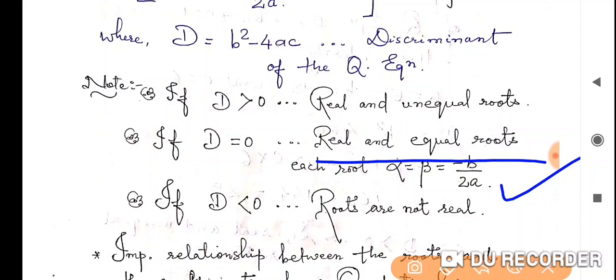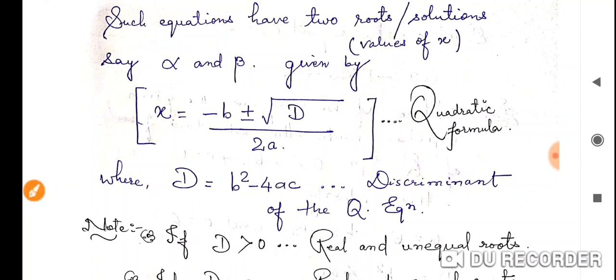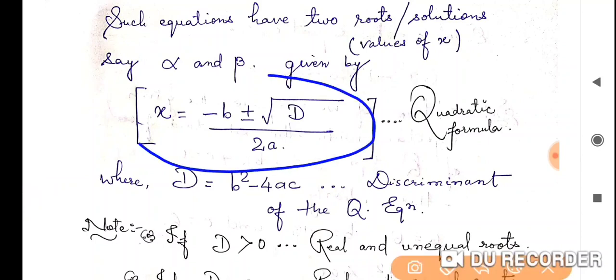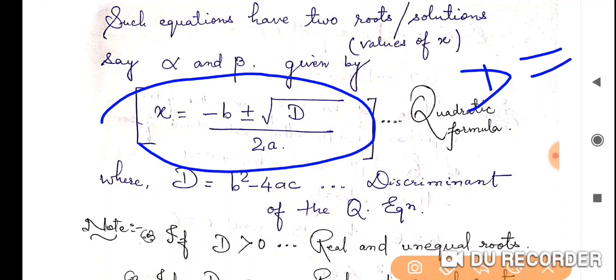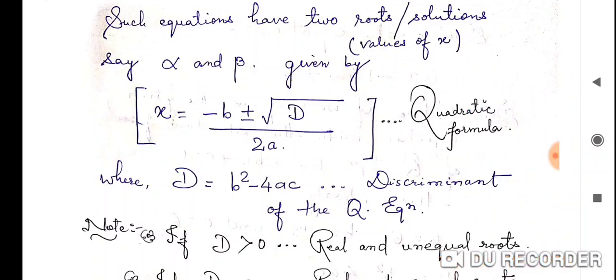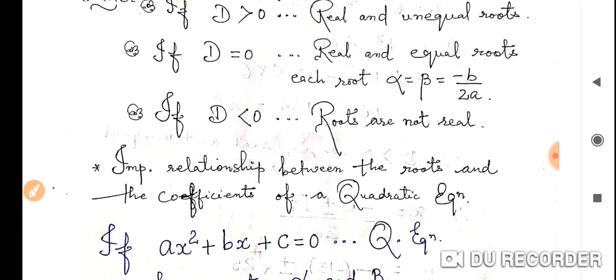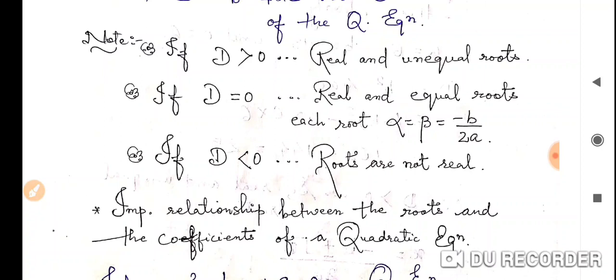Because if you substitute d equals to 0 in the above equation, then you will get x equals minus b by 2a. That means both values of the equation come out to be minus b by 2a.